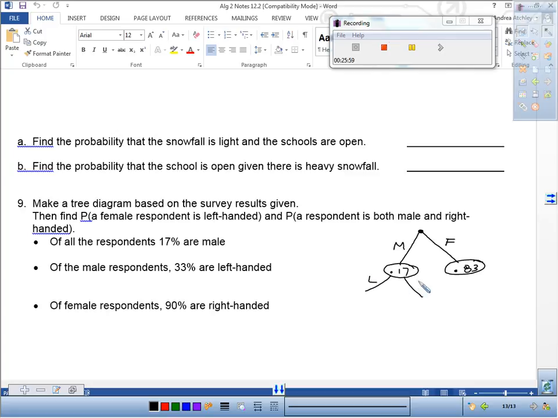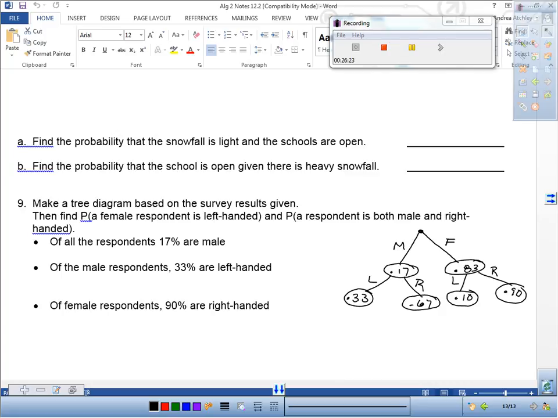So this is going to be left-handed and right-handed. So 0.33 are left-handed. So 0.67 are right-handed. Of the female respondents, 90% are right-handed. So 0.90. That means 0.10 are left.